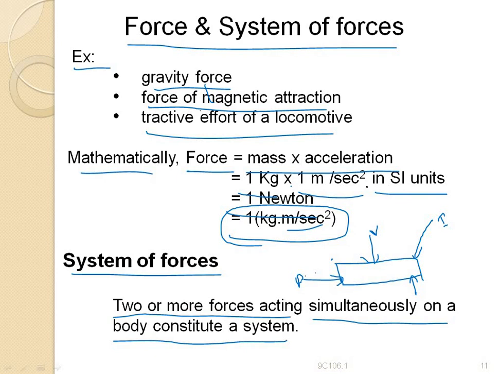These are called system of forces. But they should act simultaneously. That means at a time these forces should act on a body. Those we will call system of forces.